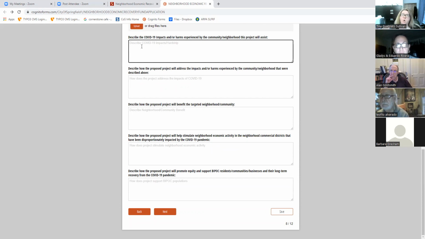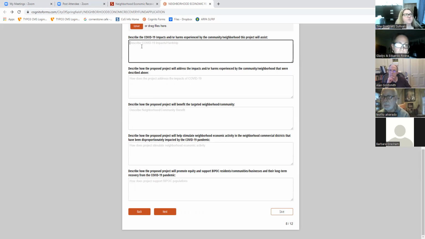So if you are a business that's applying for facade improvements, you want to describe a harm that isn't just a harm for you, but was also a harm for the community, and is the harm or the impact that your project will address.